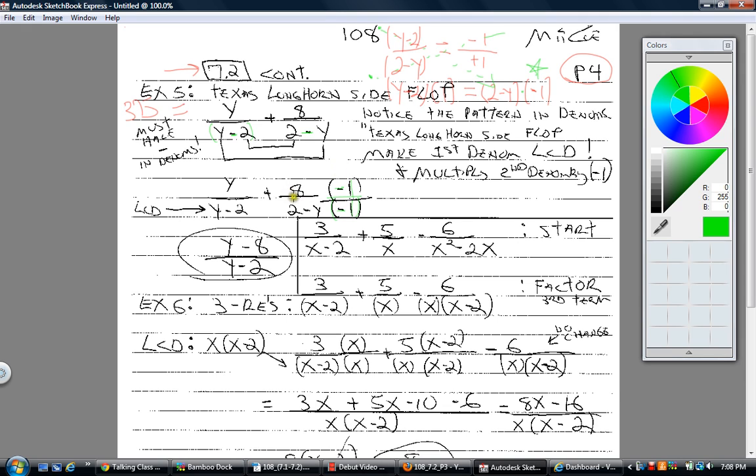Once you've digested what's going on, whenever I see the Texas side flop, all I do is the first denominator is the LCD, the second one I multiply by -1. Yes, that's all you got to do. So there is your denominator. Now you've got y. Now 8 times -1 is -8, and you are done. All that explaining for something that's fairly easy.